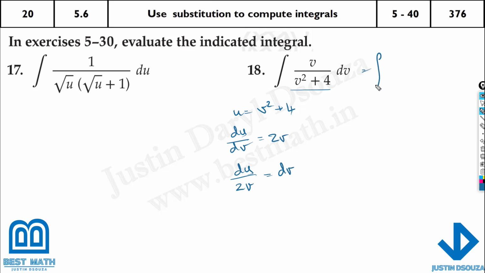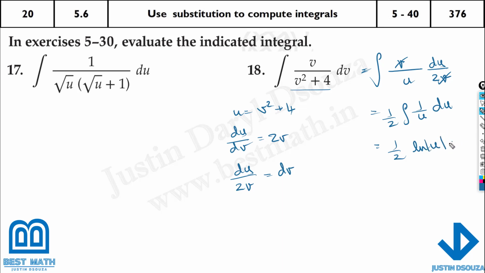Now I'll substitute everything in the given question. V remains, but the down term becomes u, and dv will become du by 2 times v. This v and v cancels off, so you have this 1 by 2, which is in the denominator. I'll take it out, half integral 1 by u du, and that is half of natural logarithm u.